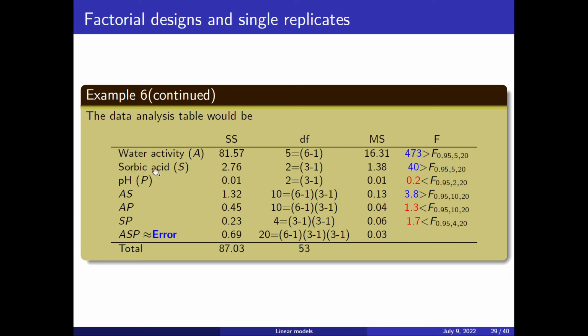For the sorbic acid, I had 3 levels, so I need 2 degrees of freedom, 2 for the pH, 5 times 2, that is 10 for the synergy between these two, for the interactions between these two. Again, 5 times 2 for the interaction between these two, 2 times 2 for the interaction of these two, and 5 times 2 times 2 for the third order interactions.